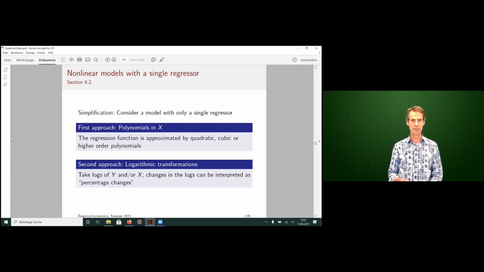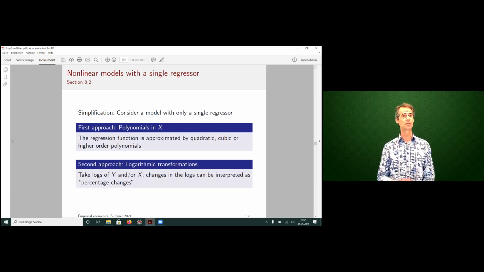All right, and to talk about different approaches and to explain why using the multiple linear regression model is still a good idea, we simplify the setup a little bit, and for a while only consider models with single regressors. So that's, in a way, going back to the first lecture where we talked about the simple linear regression model with only a single regressor x.